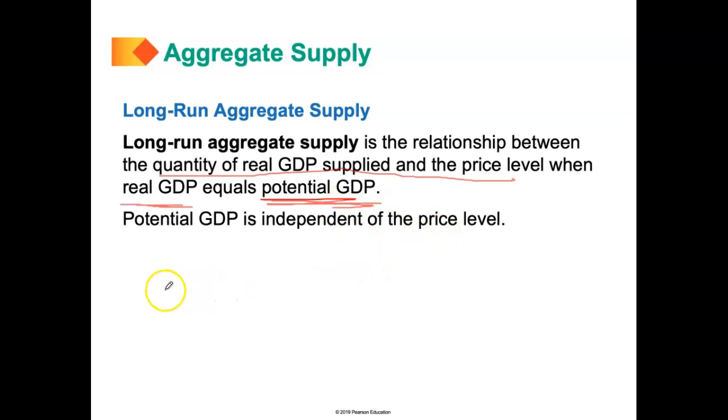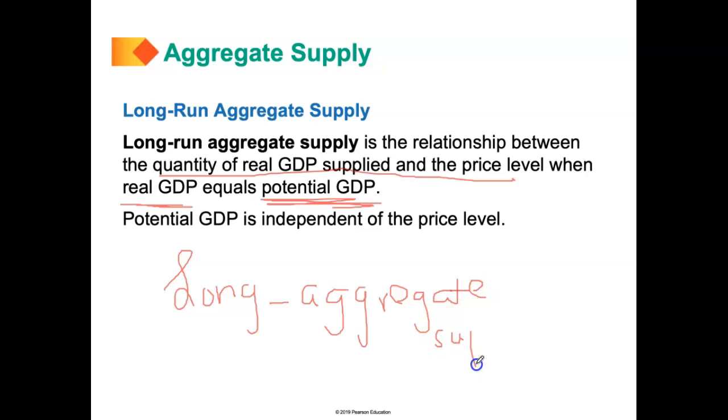So the long run aggregate supply is also independent of the price level, because regardless of what the price level is, if the country uses all its resources, it's going to produce a fixed amount.